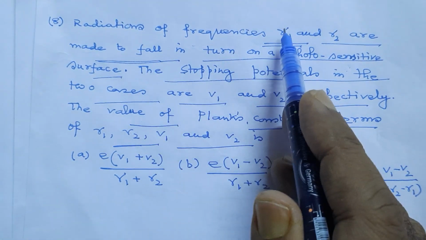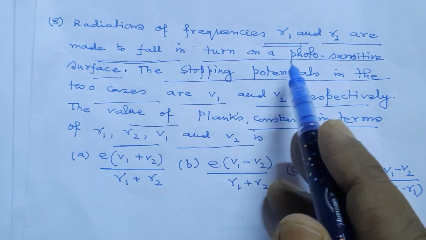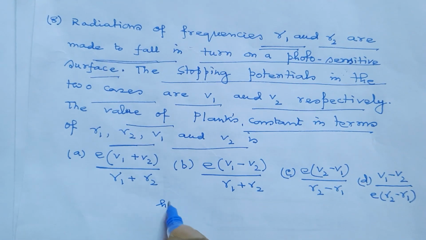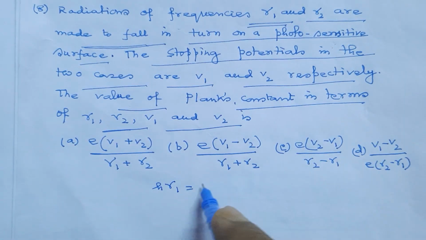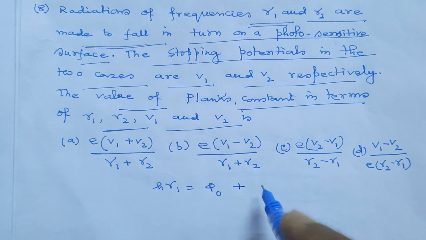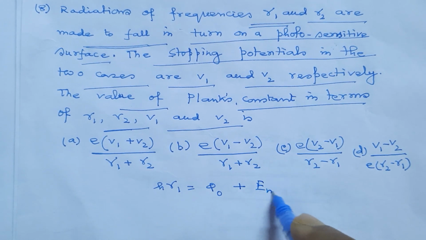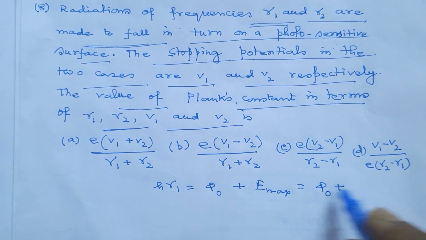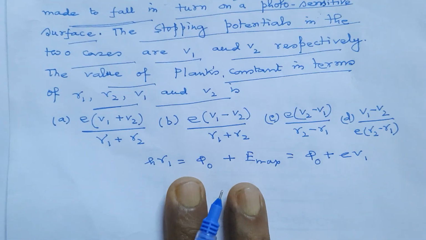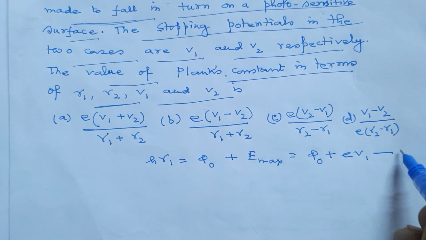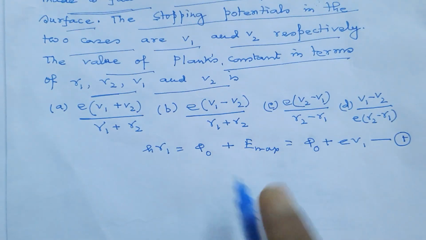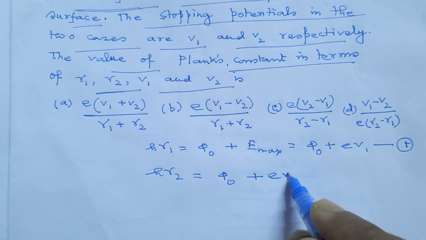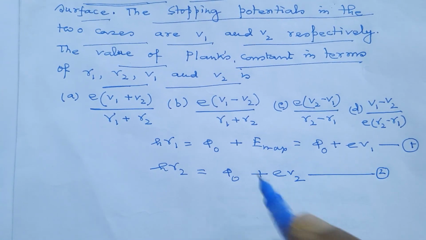When radiation of frequency nu1 falls on the metal surface, from the Einstein equation h nu1 equals phi 0, the work function, plus Emax, and Emax is measured in terms of stopping potential as eV1. So h nu1 equals phi 0 plus eV1, equation number 1. For the second case, h nu2 equals phi 0 plus eV2, equation number 2.